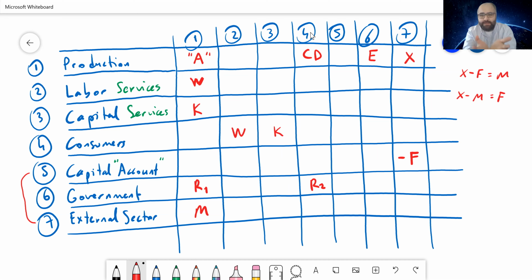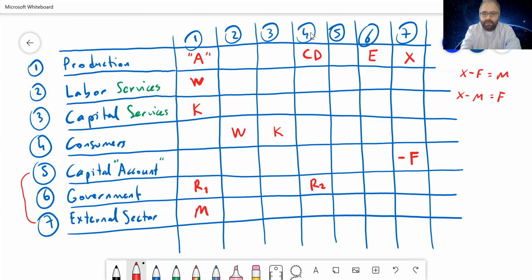Now, then the investment in the economy will, of course, appear here, right? Because it is the capital account. Remember, balance of payments. We have the current account, basically X minus M, and then we have the capital account, right? Basically I minus S or something like that. Okay.